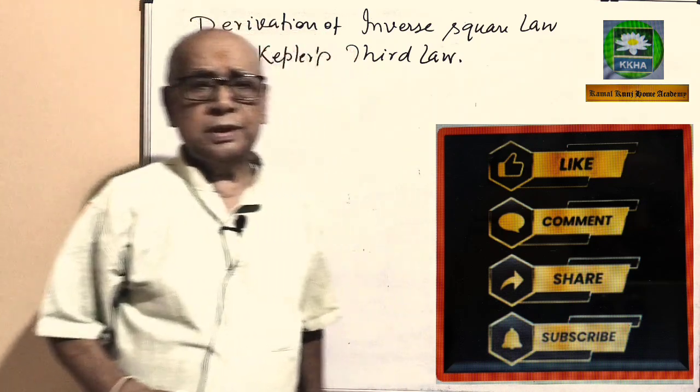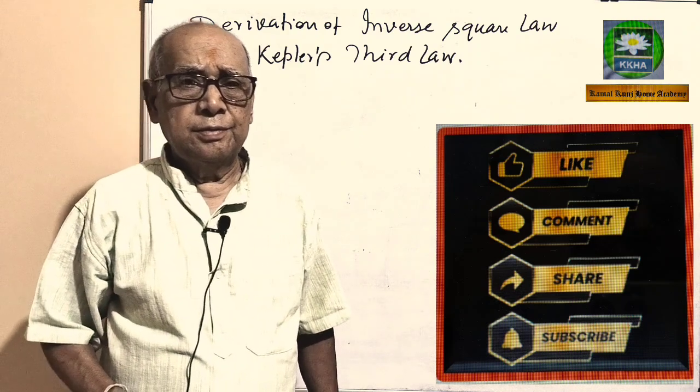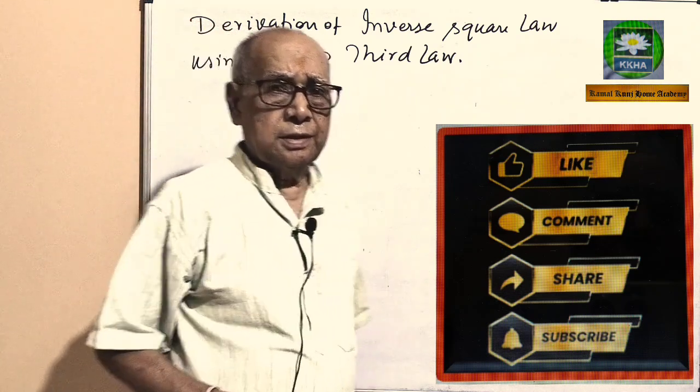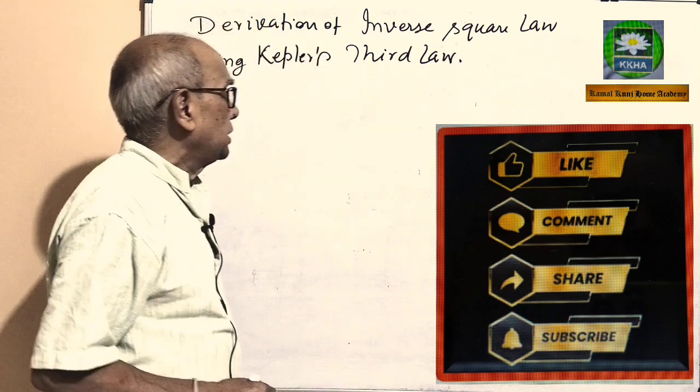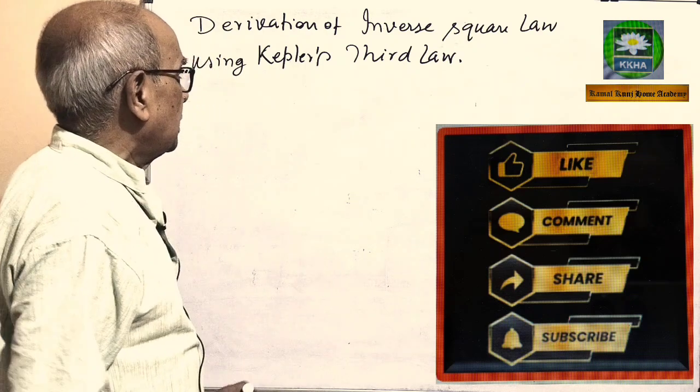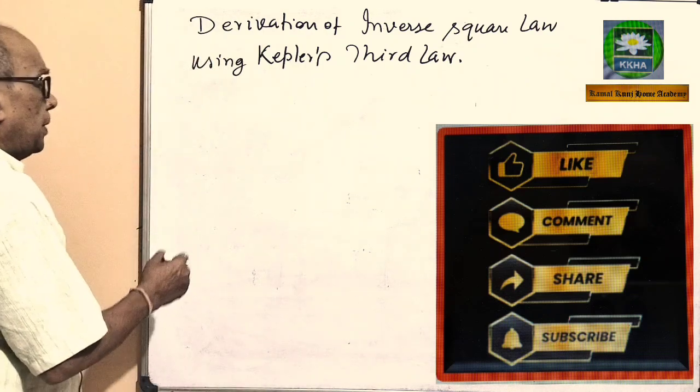Newton used Kepler's third law for calculating the gravitational force between Sun and the planet.